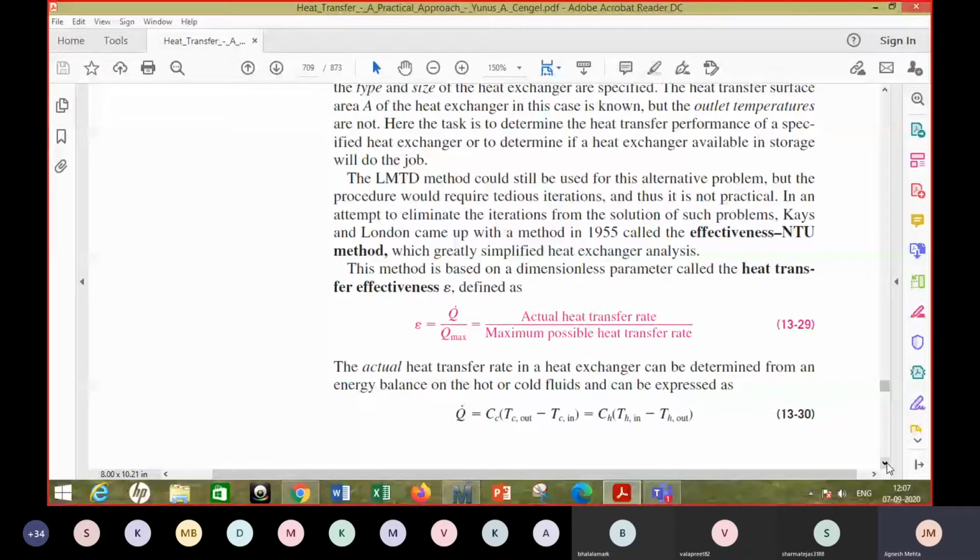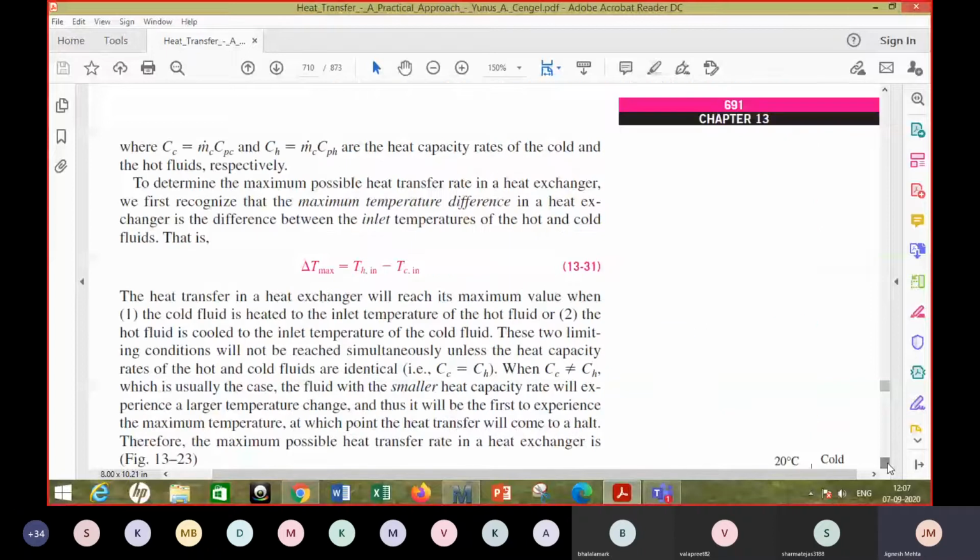That would always be the maximum possible heat transfer rate.